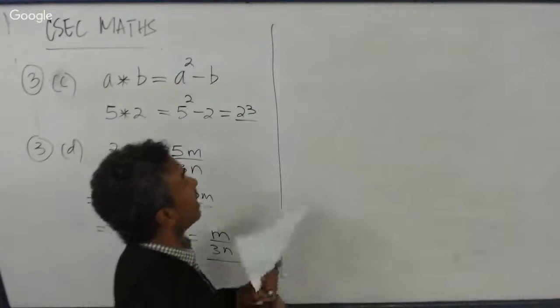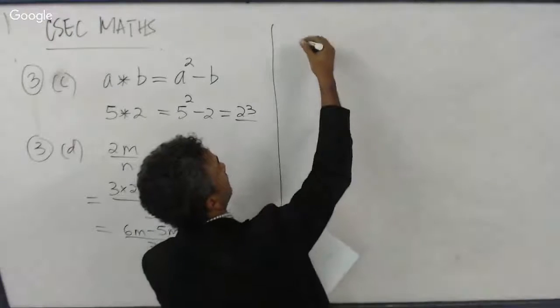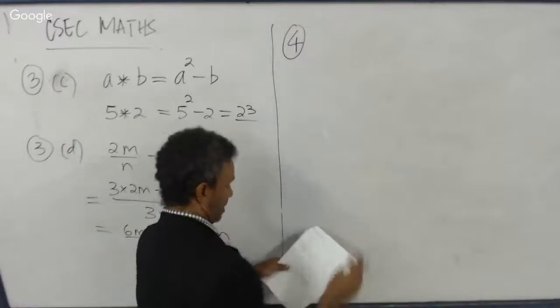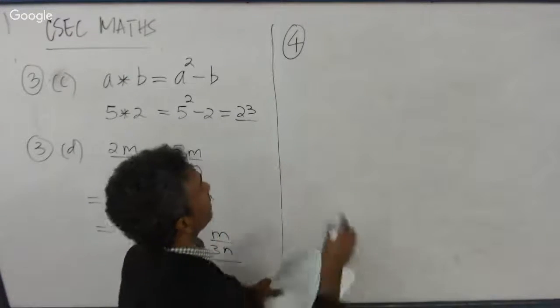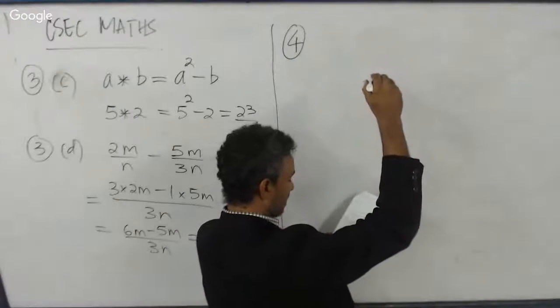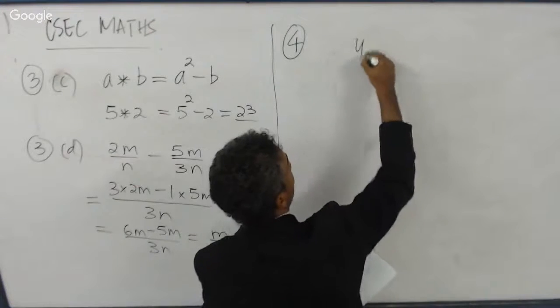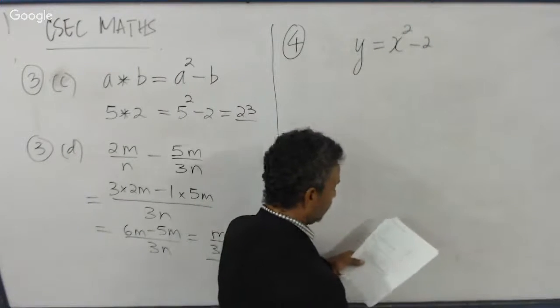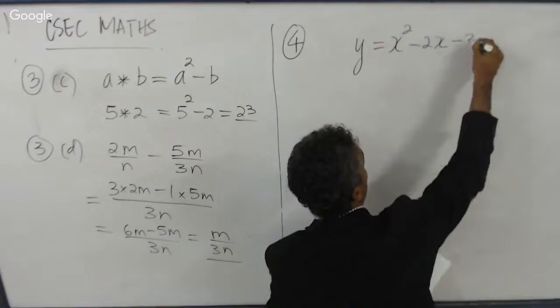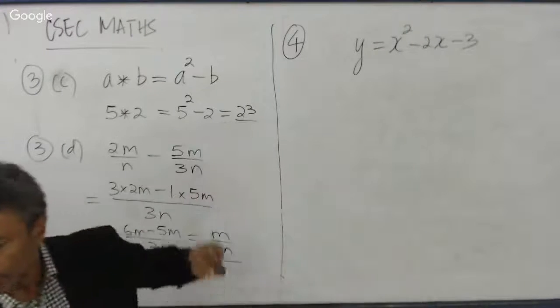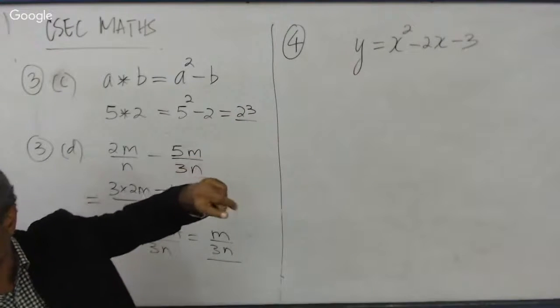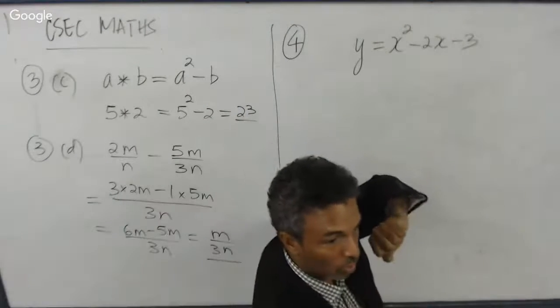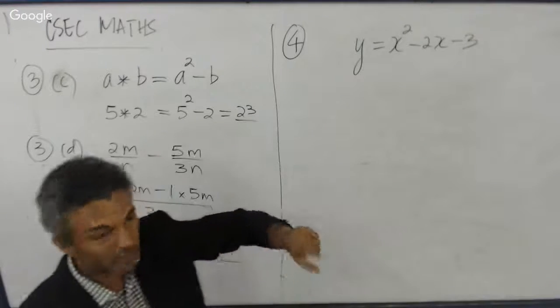Question 4. So going into graphs. X, y for the function y equals x squared minus 2x minus 3. Before you even go ahead and fill out a table, you should be able to recognize this as a quadratic function.